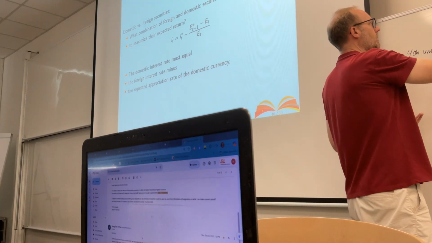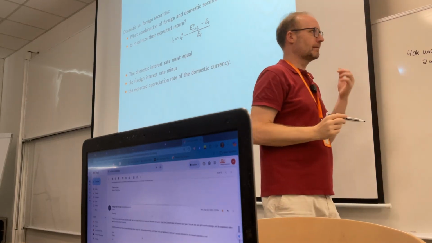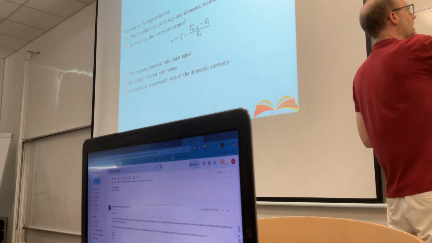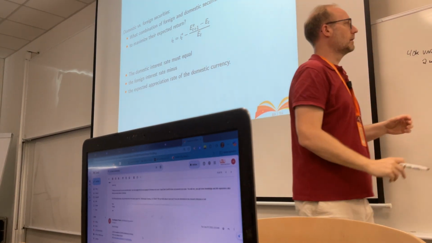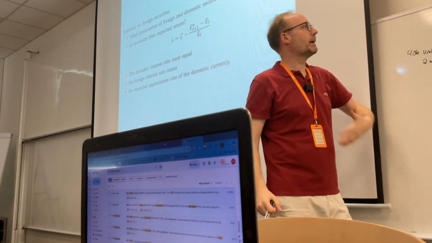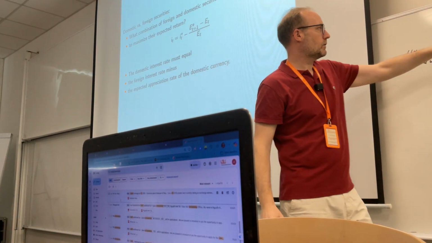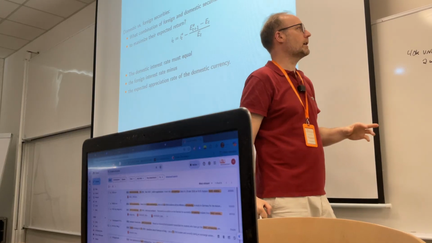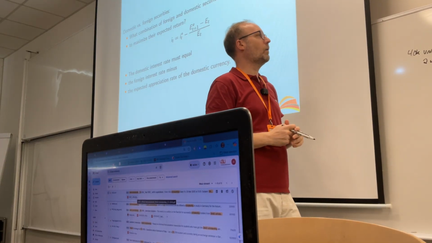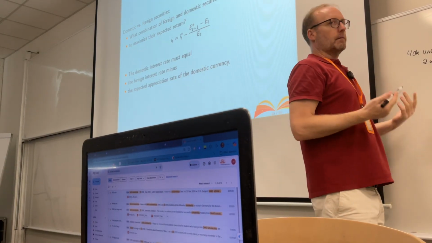Now, if we increase M, the price has to increase, since we keep the velocity and the number of transactions the same. The price has to go up, so it's linked to inflation.